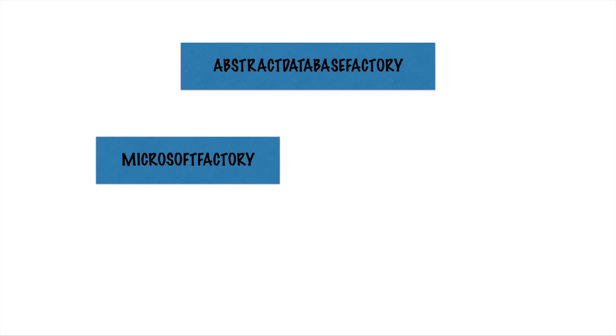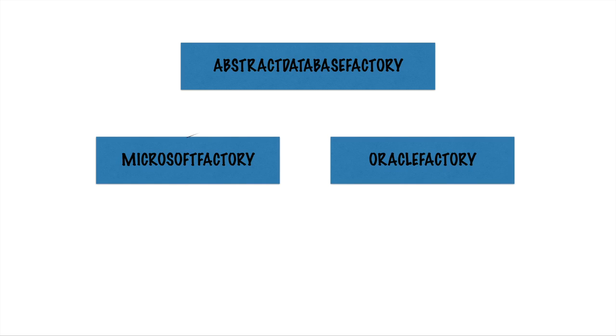The Microsoft factory, which provides implementations and adds one member to each family, as well as the Oracle factory, which provides its own implementations and adds one member to each family, derive from the abstract database factory. So both Microsoft and Oracle will provide light versions, professional versions, and read-only versions of their database. They add to every family that we want.